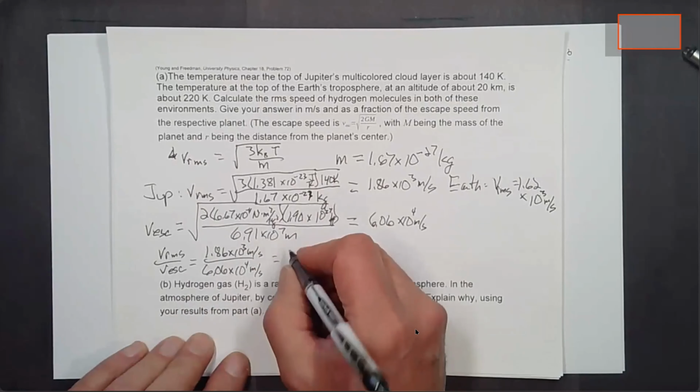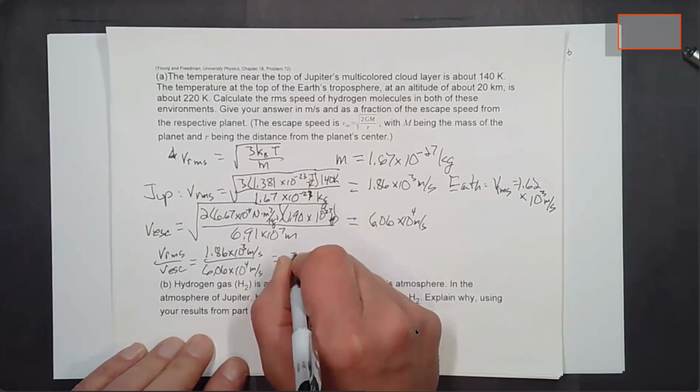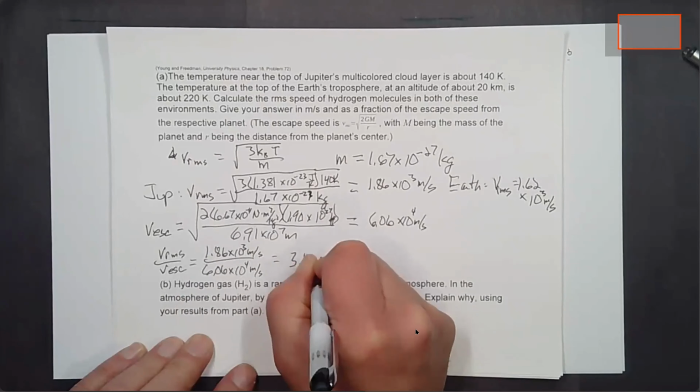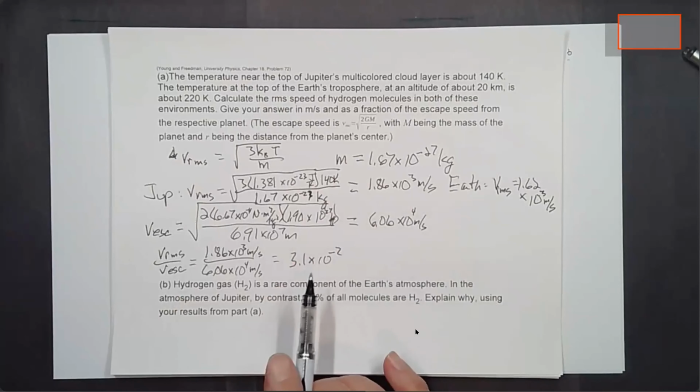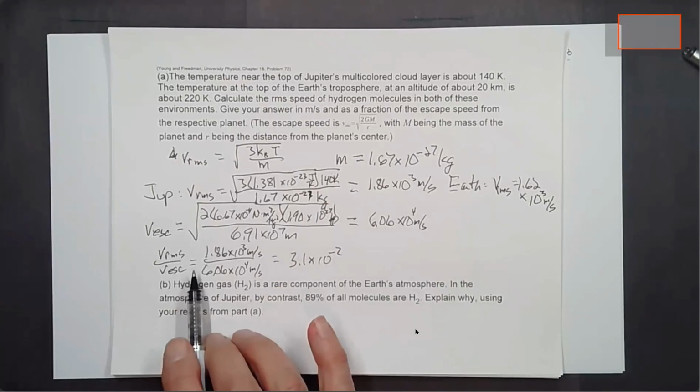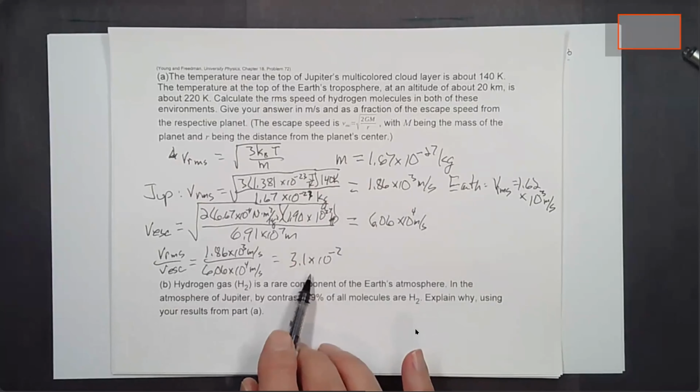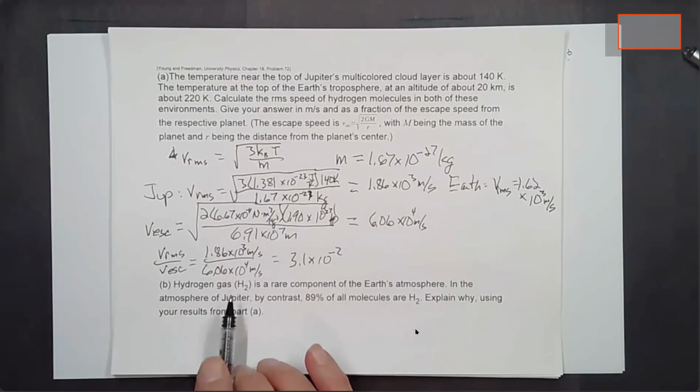And I get about 3.1 times 10 to the minus 2 is what I happen to get. So the RMS speed is only about 3% of the escape speed.